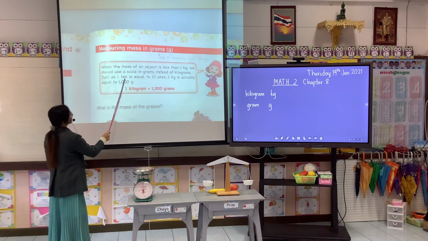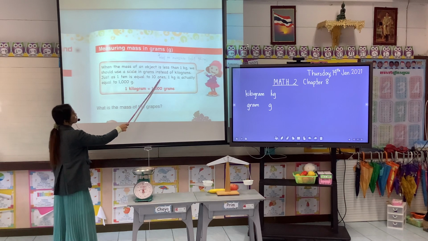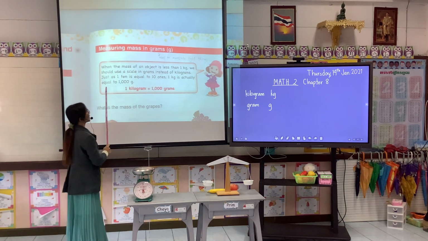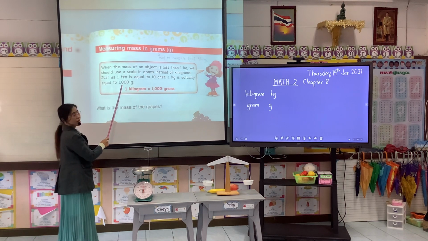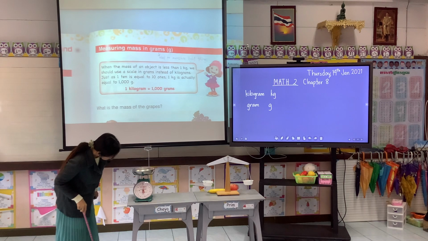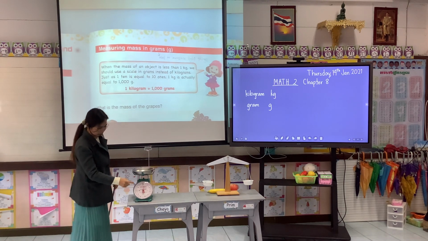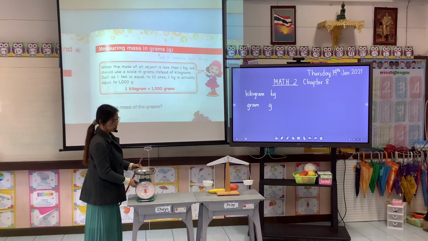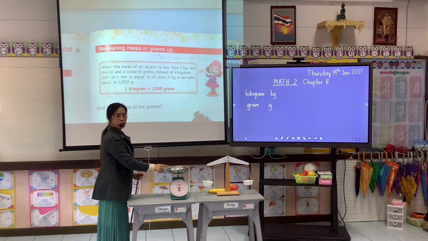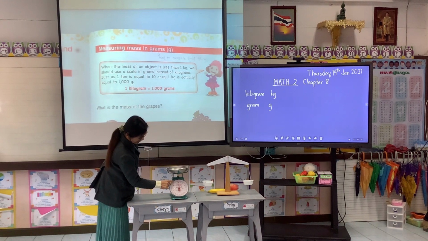Just as 1 ten is equal to 10 ones, 1 kilogram is equal to 1,000 grams. So just like this one, this spring scale measures 1 kilogram.